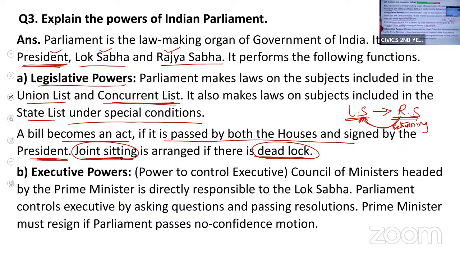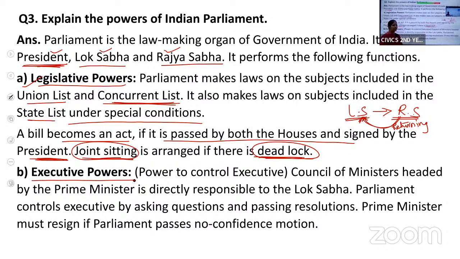Okay, I hope this first point is clear to all of you. Let us move to the next, that is executive powers. So what do you mean by executive powers? See, in India, the executives, the Prime Minister and his ministers, are part of the legislature.